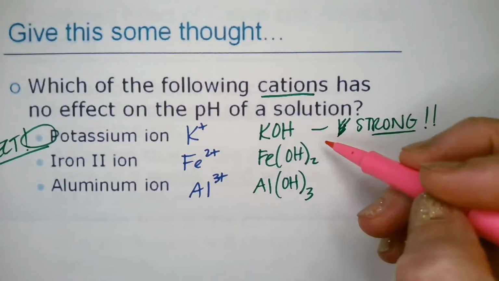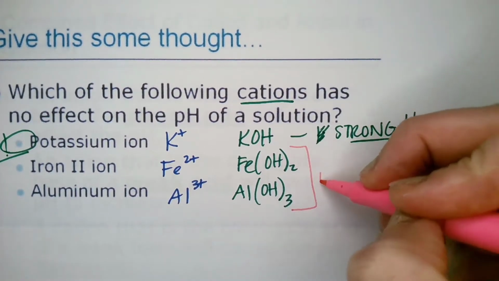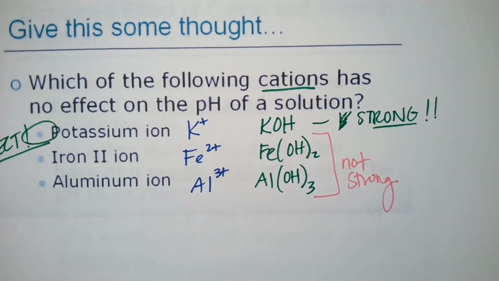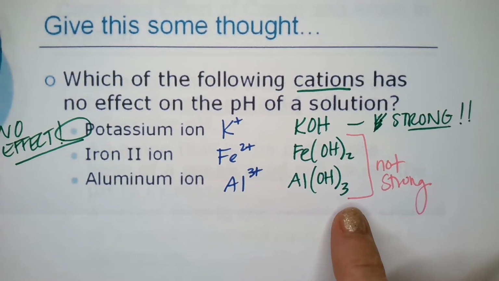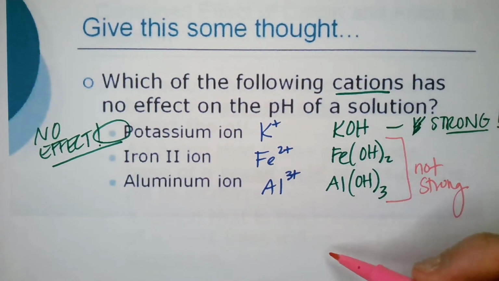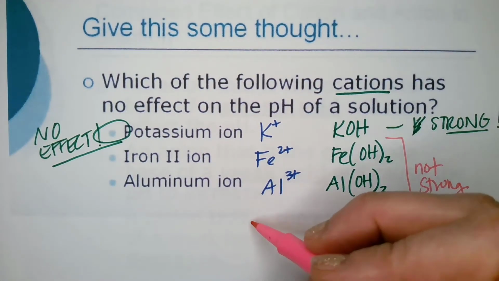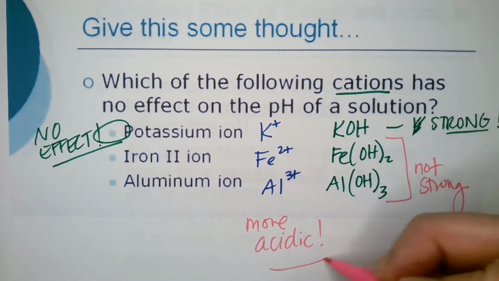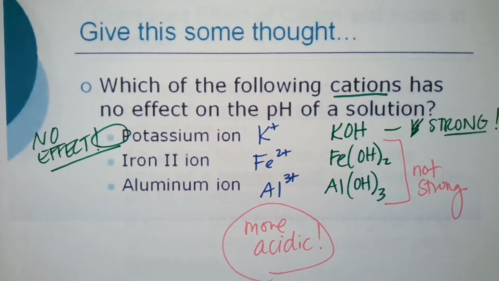And then we have our other two, and these are not strong, not necessarily weak bases, but they are not strong enough, so they will affect the pH, and when they undergo hydrolysis, it will make the solution more acidic. This happens because when it's undergoing hydrolysis, we're removing hydroxide and converting them into hydronium ions.